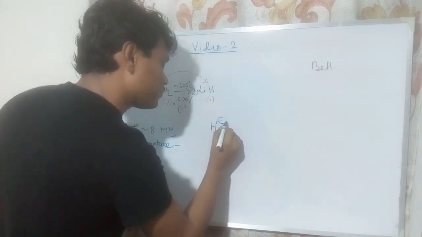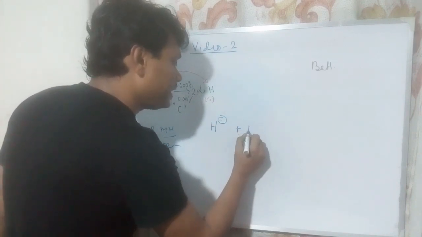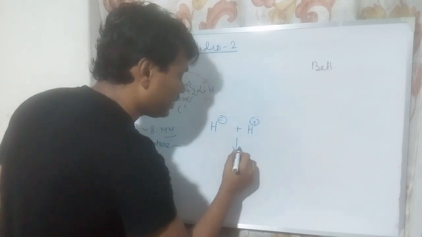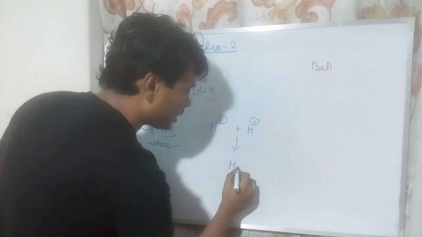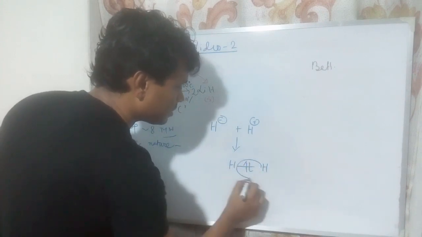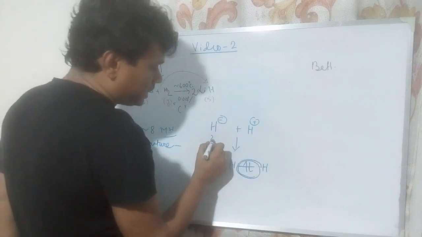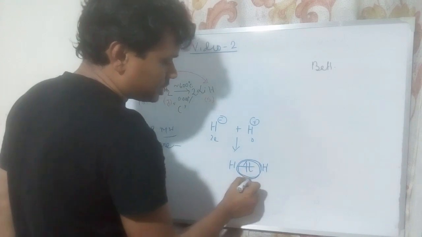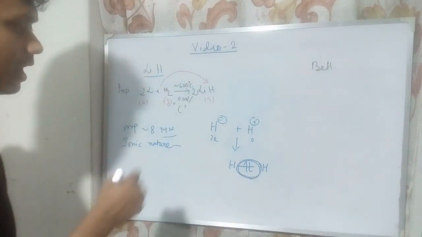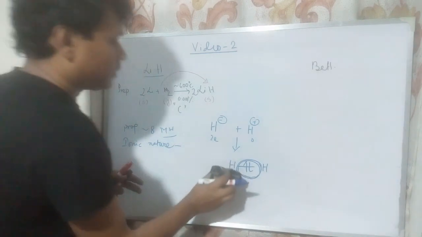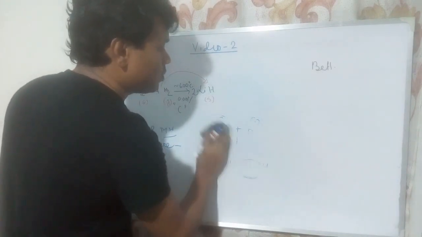This hydride comes from this lithium hydride and this proton comes from water to form a stable hydrogen, meaning a dihydrogen molecule. Here 2 electrons, here no electron, and ultimately 2 electrons are shared by 2 atoms to fill their outermost valence shell and they are stabilized.